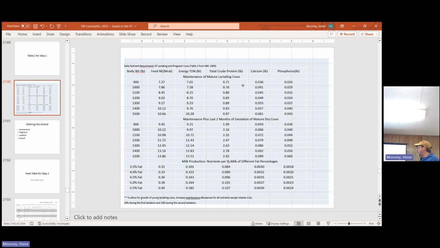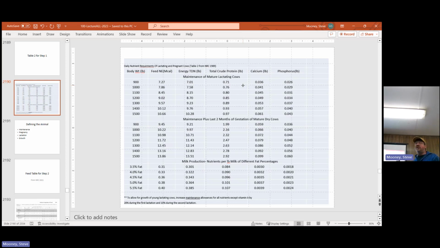So if I wanted pregnancy, I have to subtract to find the difference. They've done the math already. So if we look at that 1,500 pound animal, 10.66 for maintenance, maintenance plus pregnancy, she needs 13.86. So what does that work out to? 3.2 calories going toward pregnancy. So pregnancy we'd find by difference.